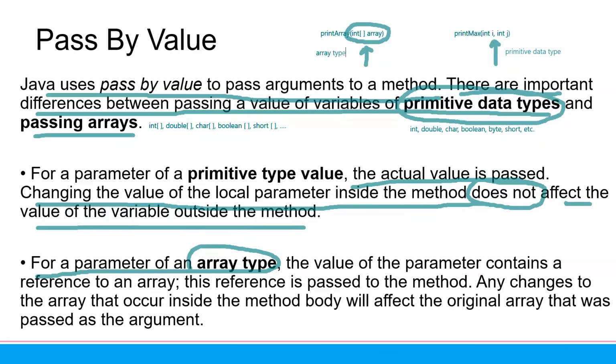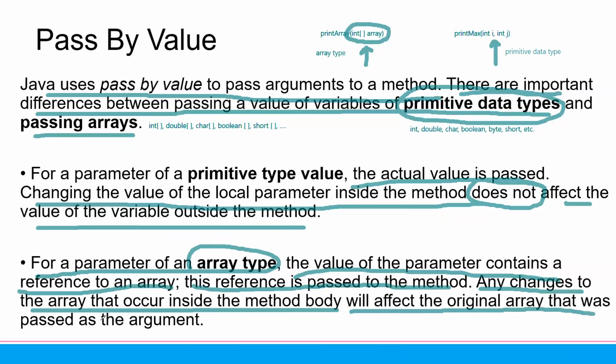The value of the parameter contains a reference to an array. This reference is passed to the method, and any changes to the array that occur inside the method body will affect the original array that was passed as the argument.